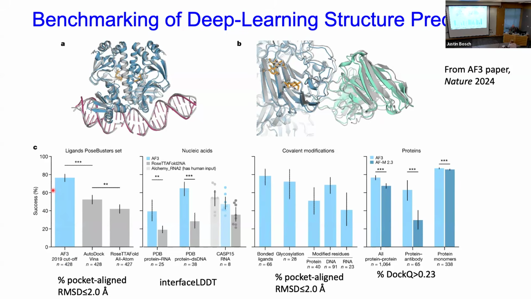What they're claiming here is AlphaFold 3 gets almost 80% of the pockets with an RMSD better than 2 angstroms. AutoDock Vina is more like 50%, RoseTTAFold a little bit less than that.